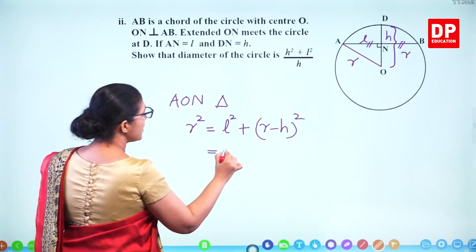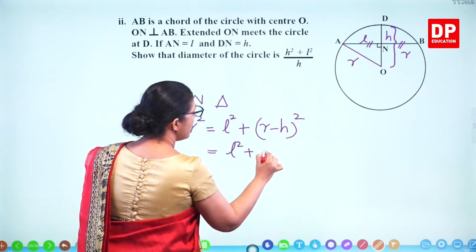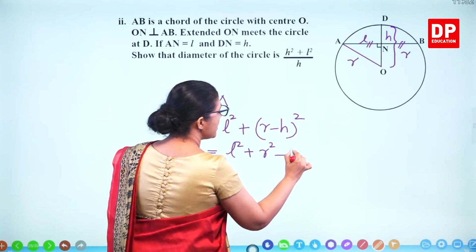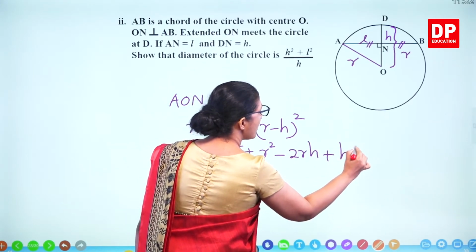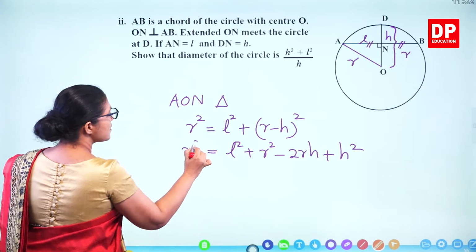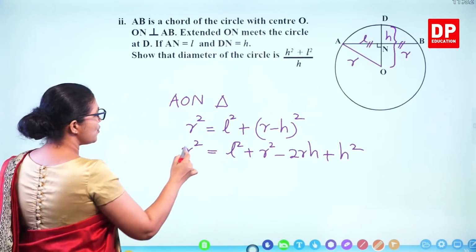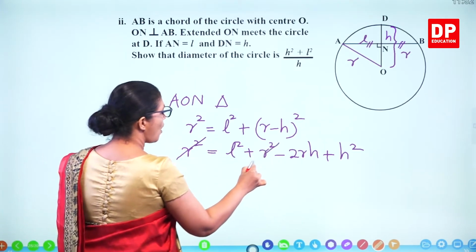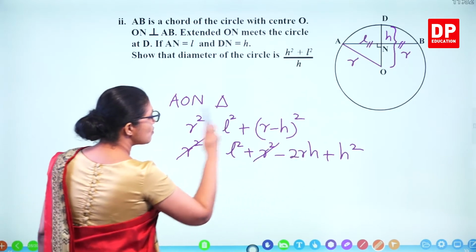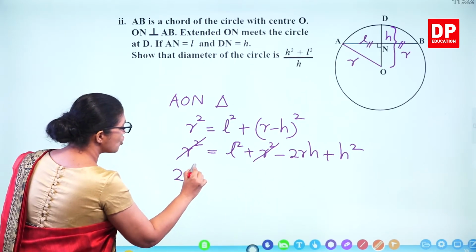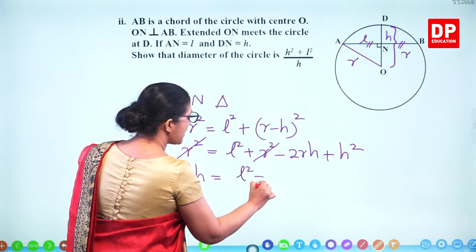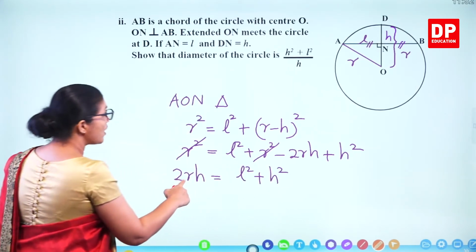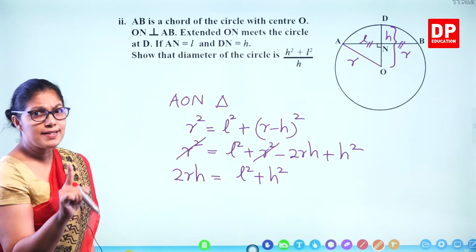Now expand brackets. L squared, R squared minus 2RH middle term and H squared you are getting. That's R squared. Can you see? R squared gets cancelled out and take this one to this side. 2RH is equal to L squared plus H squared. So what is 2R? It means the diameter.